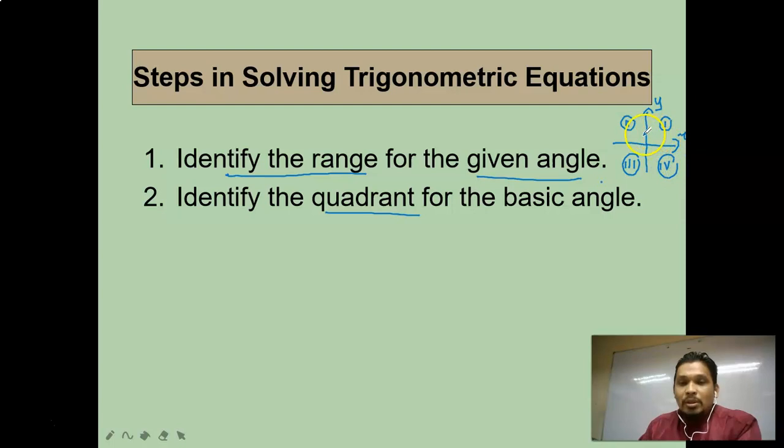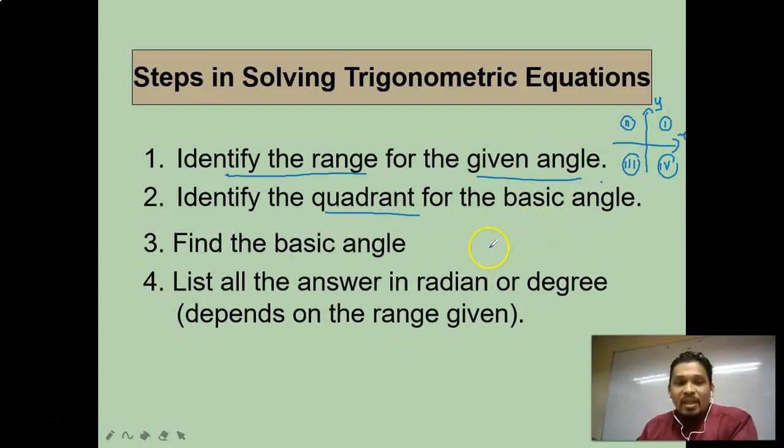The first quarter, second quarter, the third and the fourth. So first quadrant, second quadrant, third and the fourth quadrant. So then, let's find the basic angle. Those basic angle means that the theta lies in between 0 to 90 degree. And list all the answers in radian or degree depending on the range given.